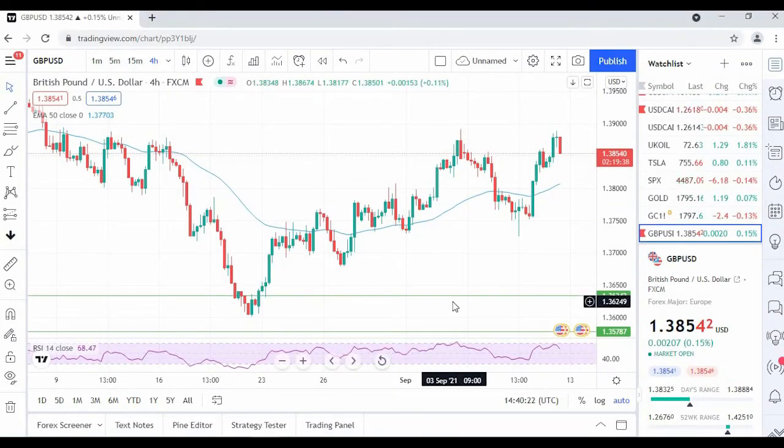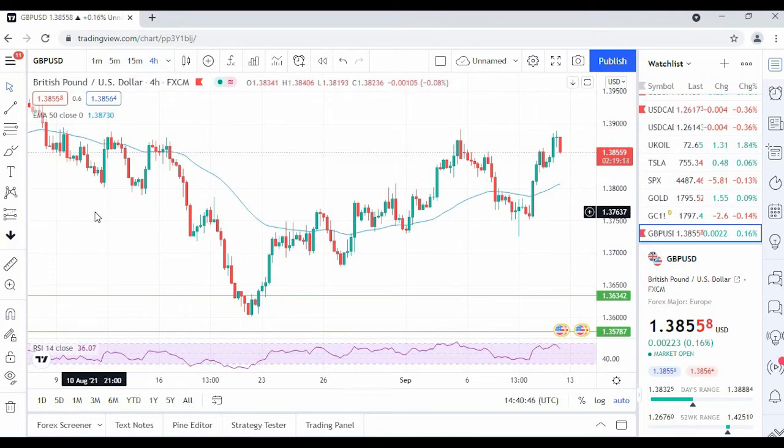So right now I'm on TradingView, where most people do their analysis, and most people use TradingView for trading purposes. Right now I'm on the GBP/USD, the 4-hour chart.